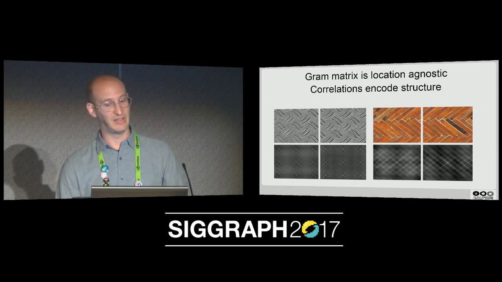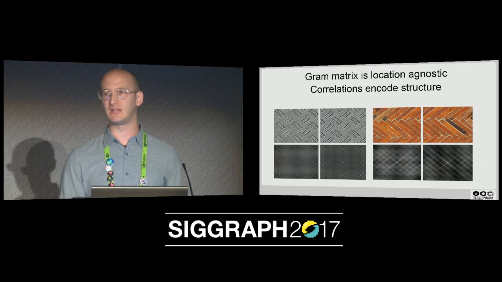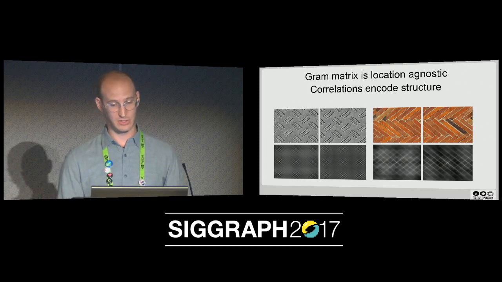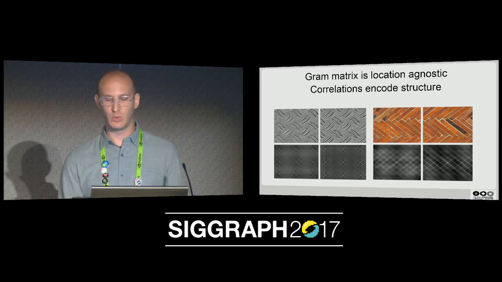For example, on the left-hand side, we take two crops out of a metallic texture and extract its correlations. And we can notice that even though the crop is at a different part of this metallic texture, the correlation matrix is similar, meaning that if we impose this statistic, we will not impose content but only structure.